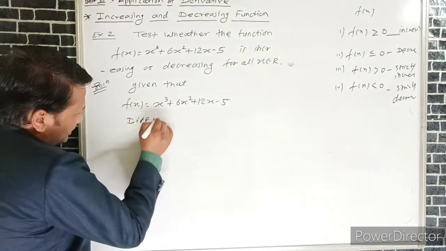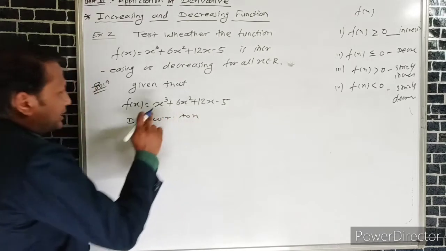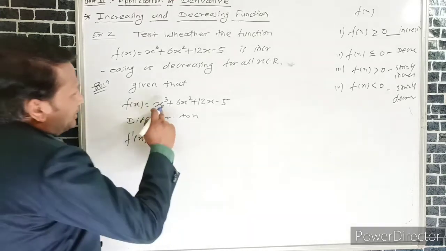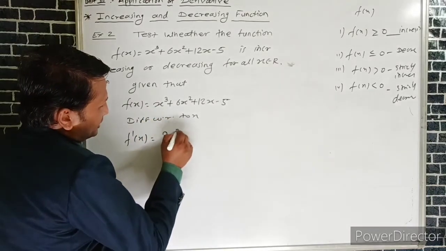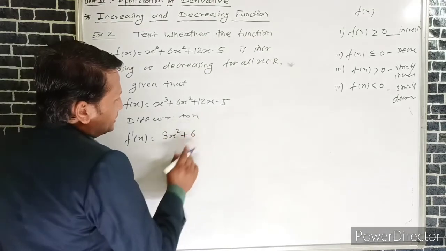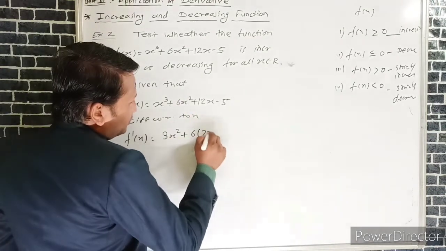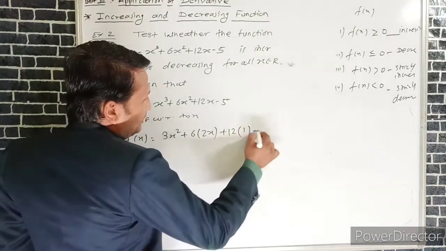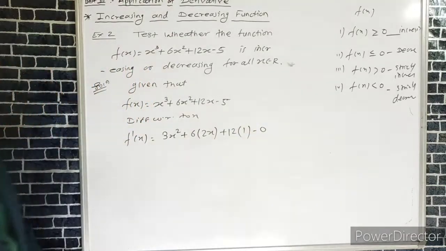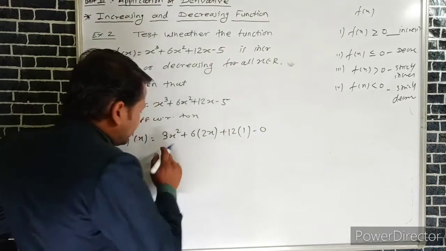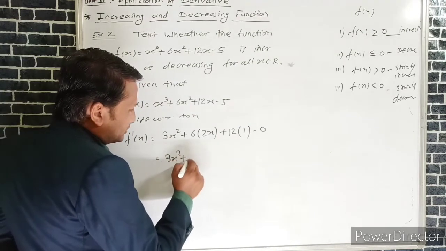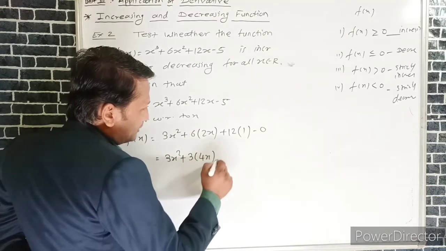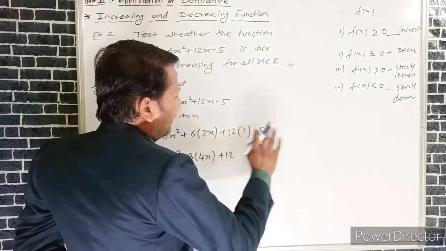After differentiating with respect to x, the derivative f dash of x equals the derivative of x cube, which is 3x square, plus 6 into the derivative of x square, which is 2x, plus 12 into the derivative of x, which is 1, minus the derivative of the constant 5, which is 0. So we can write 3x square plus 6 into 2x, which is 12x, plus 12 into 1, which is 12, minus 0.